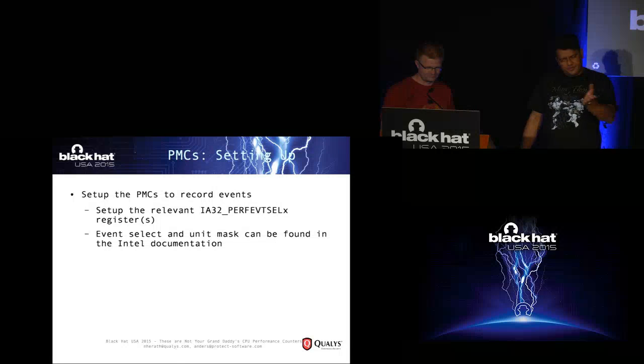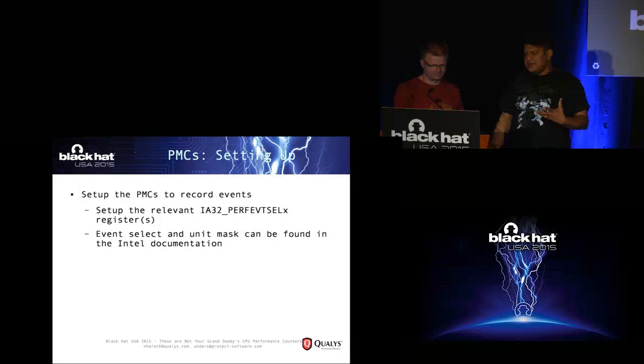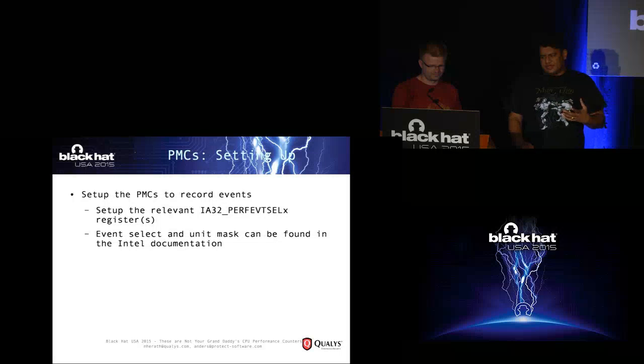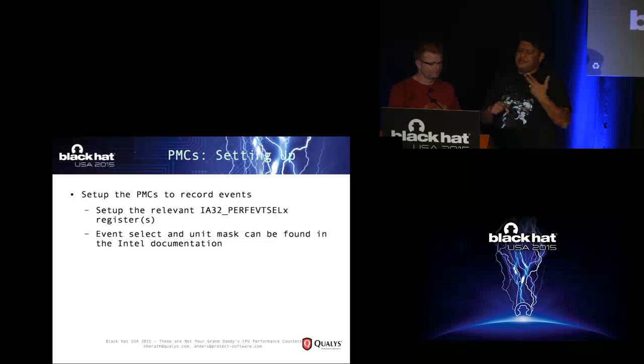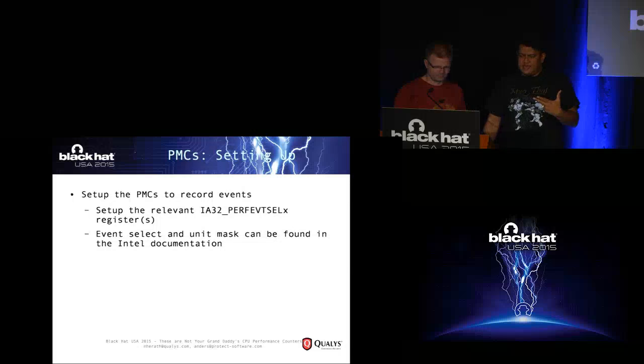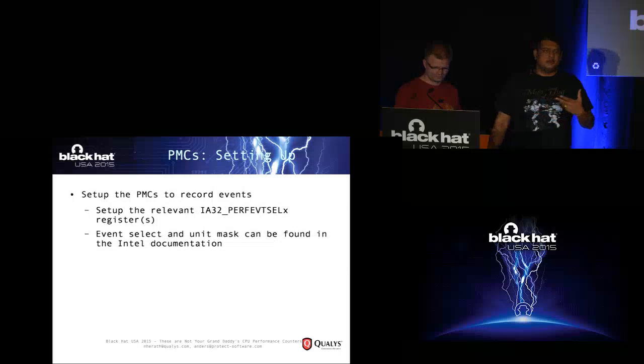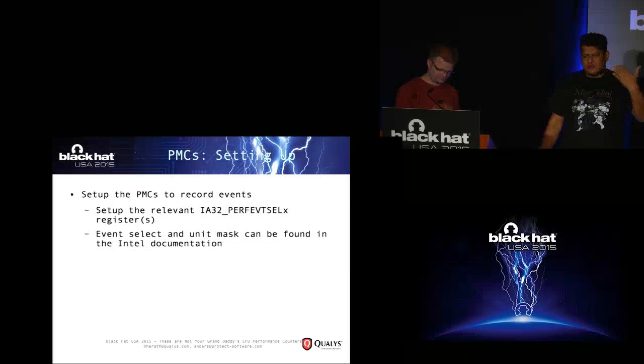Once you have set the ISR, to start recording events, all you need to do is this: for each performance monitoring counter, there are 2 registers. One is the event selector and one is the count itself. So you need to set up the performance event selector for the relevant counter, which instructs the CPU which type of events you want to monitor with this particular counter.